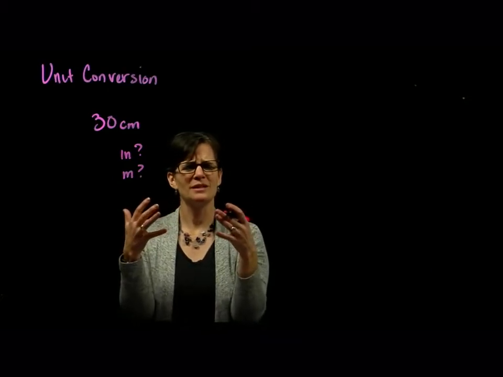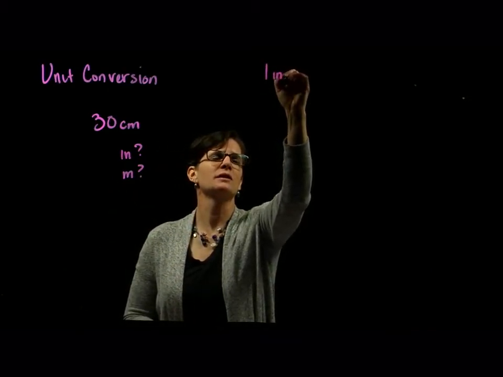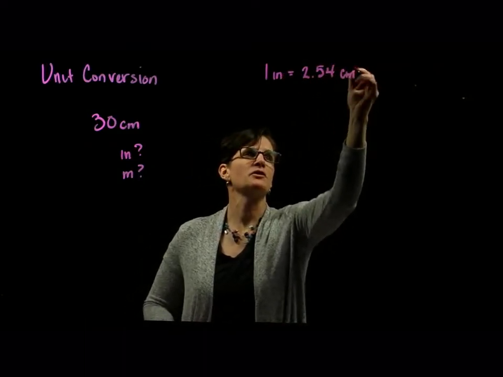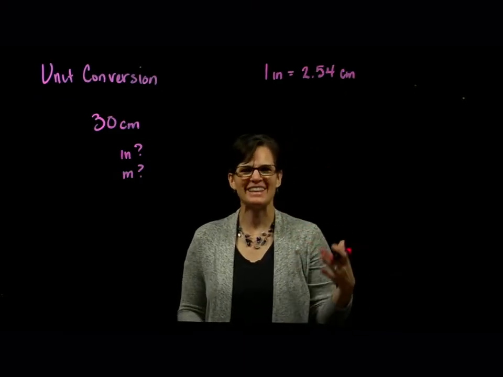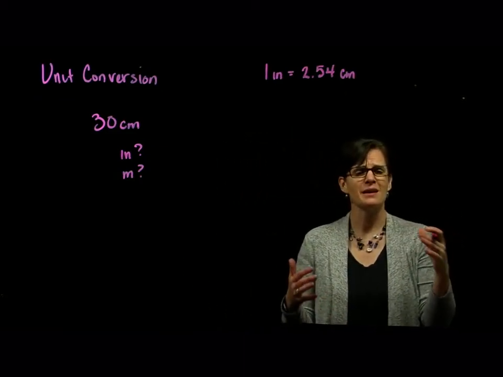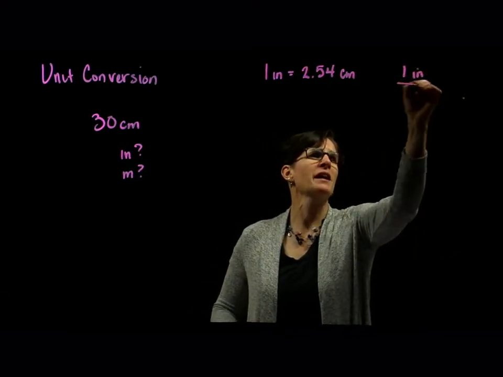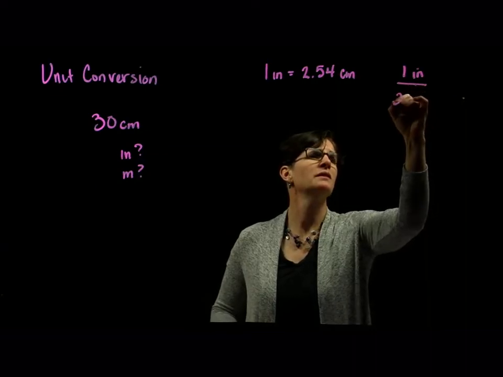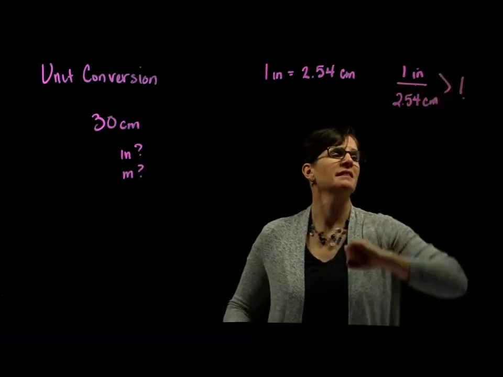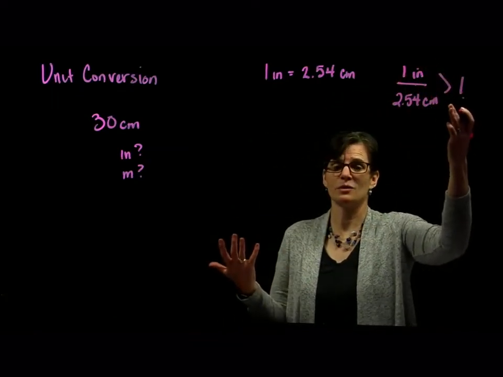So how is that? Well, we know that 1 inch is equal to 2.54 centimeters. Those are equivalent lengths. If those two values are equal, if I write them as a ratio, this quantity equals 1. This value and this value are identical quantities.